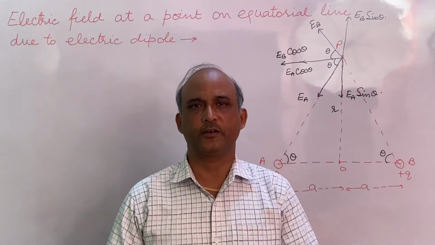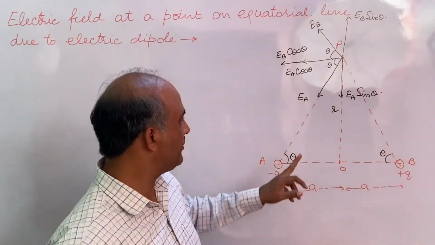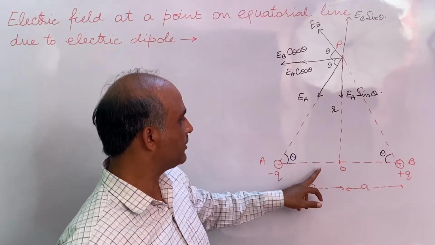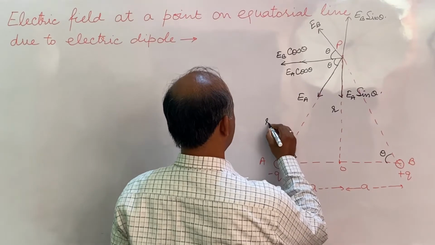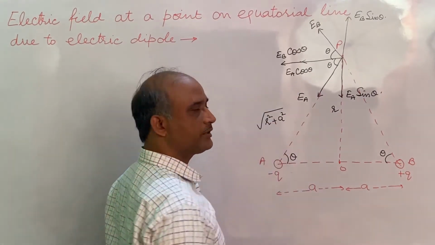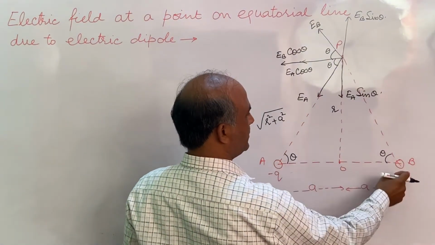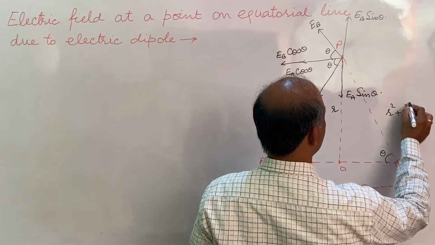By the help of Pythagoras theorem, the distance PA will be under root r square plus a square, and similarly the distance PB will also be under root r square plus a square.